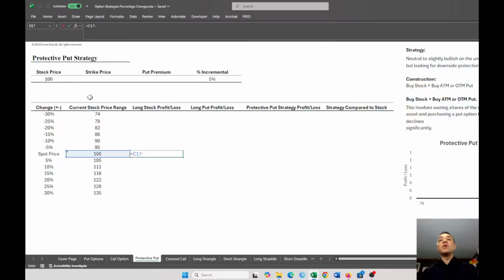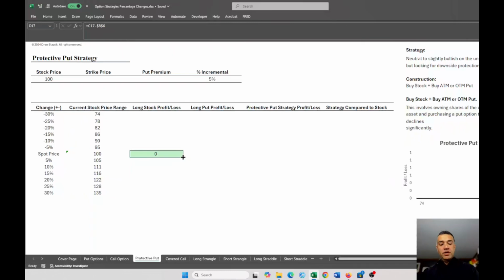I subtract out the stock price up there, what I purchased it for, and I hit function F4 to make that absolute. When I drag across all those different stock prices, I don't want the original price to change. As you can see, if I buy for 100 and the price is 100, I made a 0 profit.